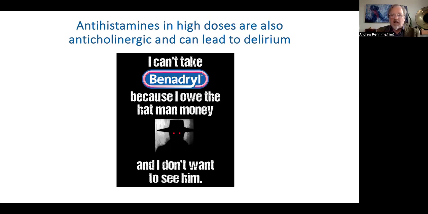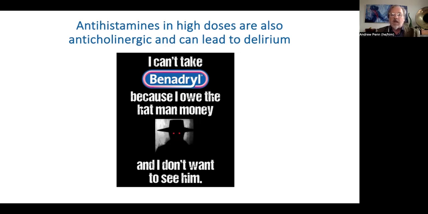Many people are familiar with the dry mouth you get from centrally acting antihistamine drugs like Benadryl. Enough of that, especially in an older person who has less capacity to deal with that acetylcholine blockade, and we'll talk more about acetylcholine in a few minutes, can get delirious and very confused and have hallucinations.